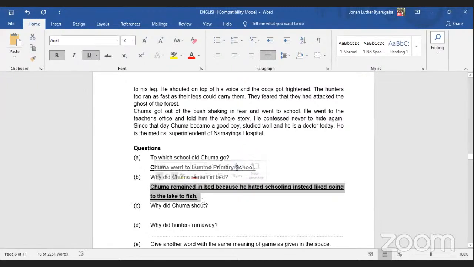Lynette, as Esther is giving us the answer for C, there is the answer for Hathi. She put it in the chat. I just copied and pasted it here. I can see Chuma shouted because he was scared of the snake.